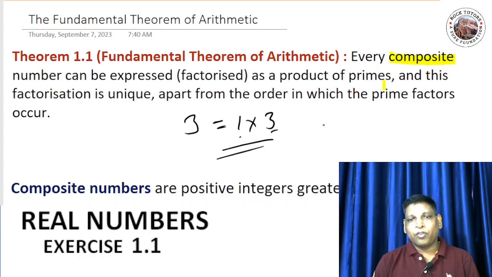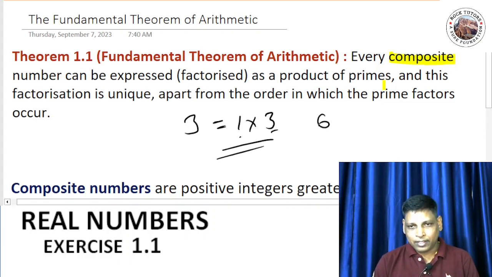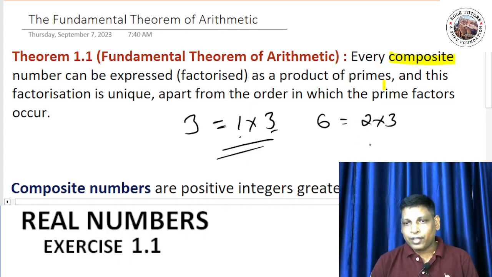If I take 6 as an example, I can write 6 in the form of 2 into 3 and 1 into 6 also. What are the factors of 6? 1, 2, 3, 6.